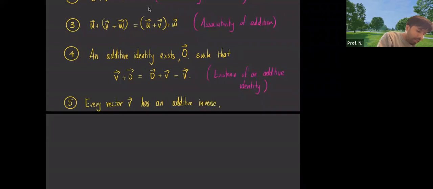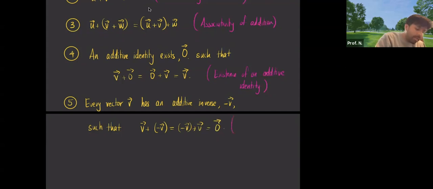And we call this additive inverse negative V, such that V plus negative V or negative V plus V is 0.